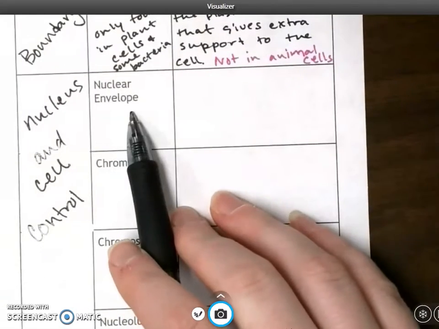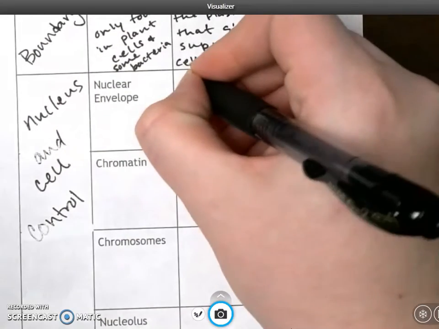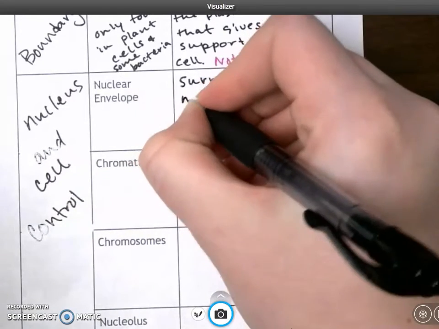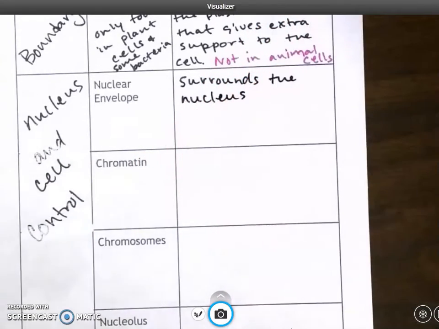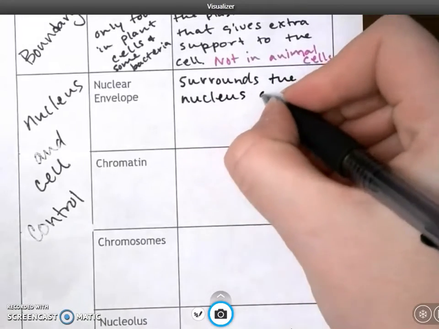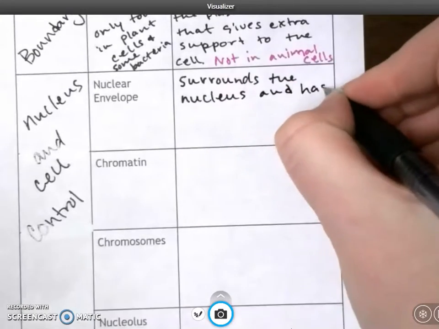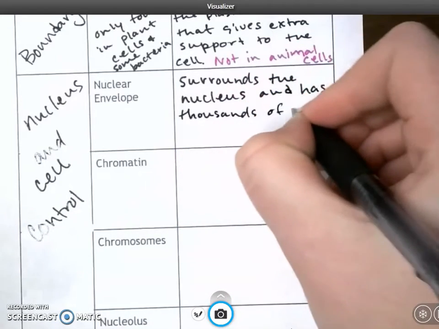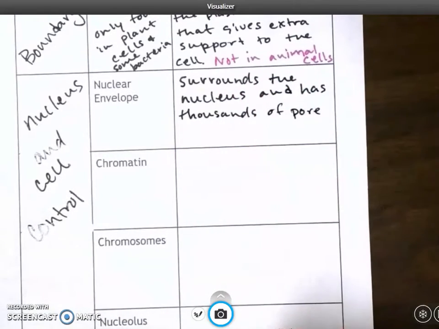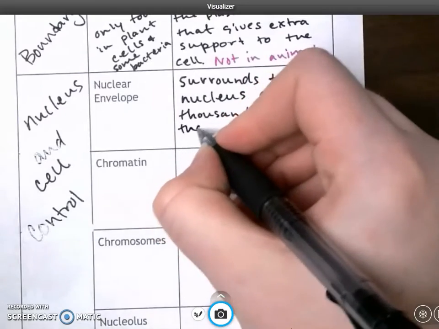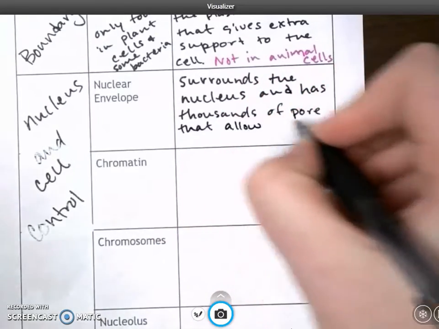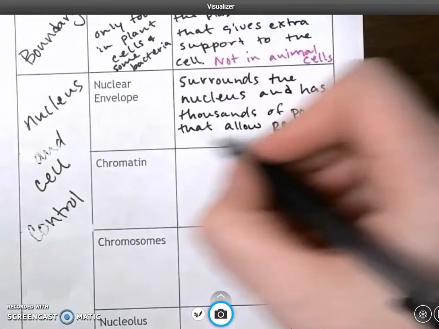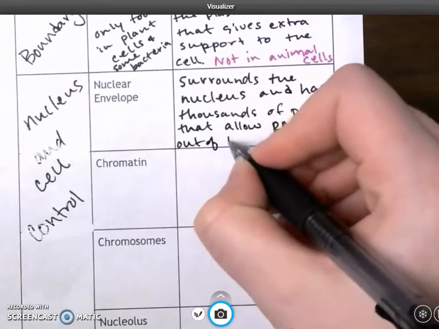So the nuclear envelope surrounds the nucleus and has thousands of pores or openings that allow RNA out of the nucleus.